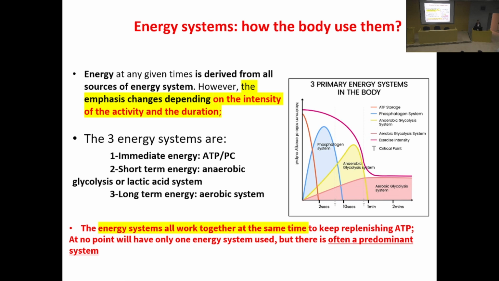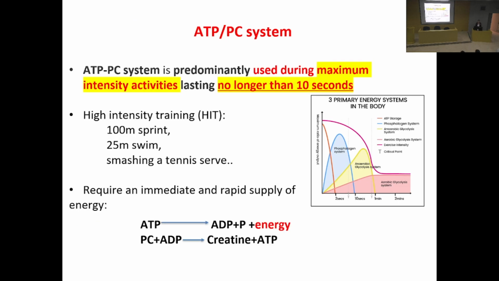Okay. But keep in mind that in our body, all these 3 systems work all together, all right? There is no one working while the other one is in a resting state. All of them work together, it's just that one is predominant over the other, okay? So the first one, the immediate one, is the ATP and the phosphagen system.